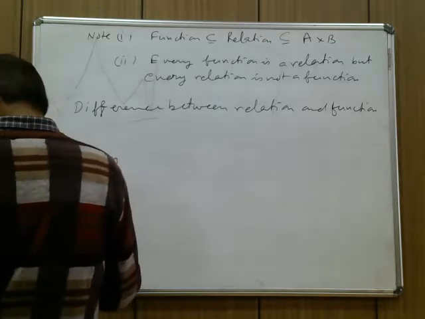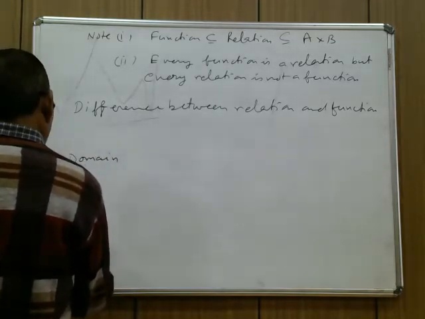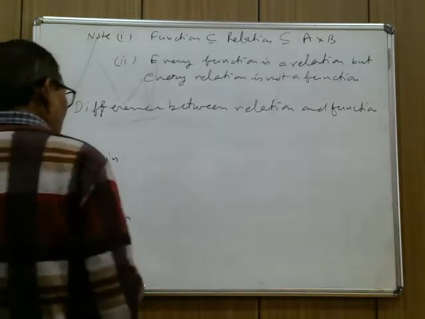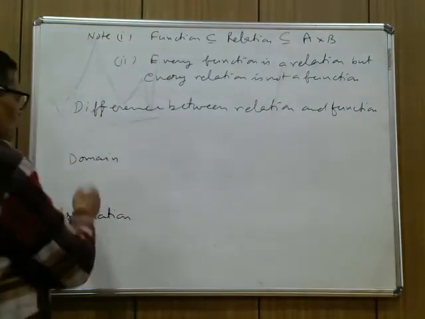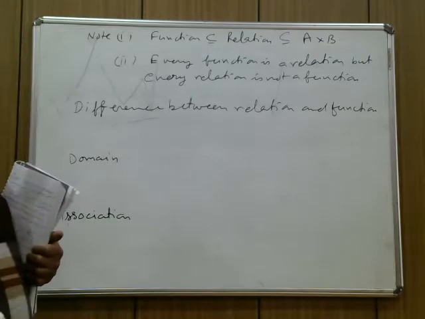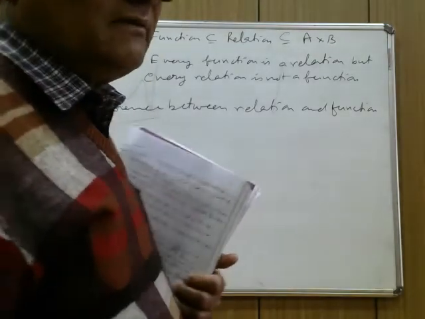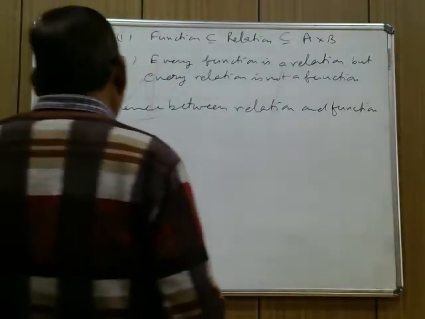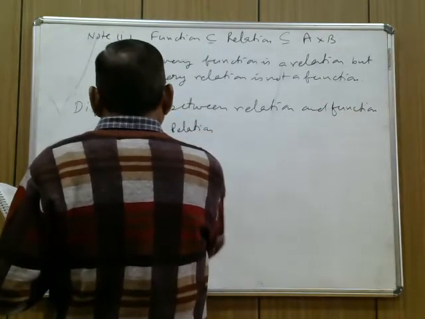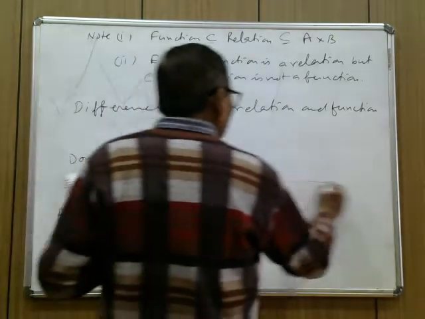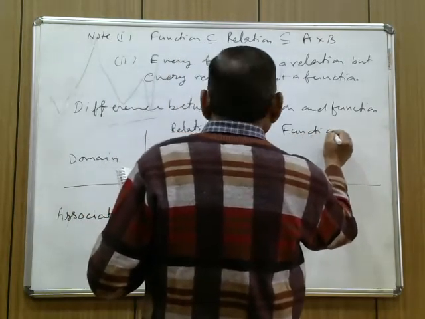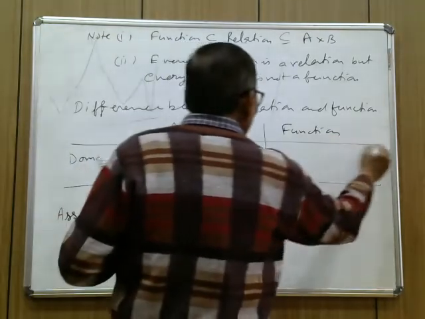There are two things, domain and association. On the basis of that, we can identify which one is the relation and which is the function. Now this one column is relation and this is function. You remember this one.